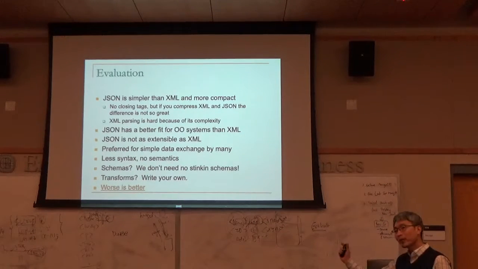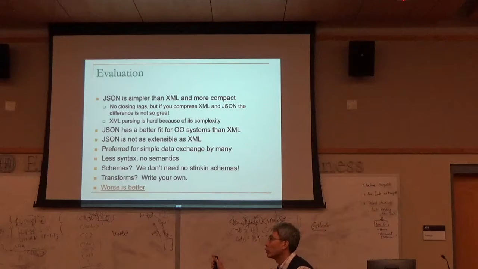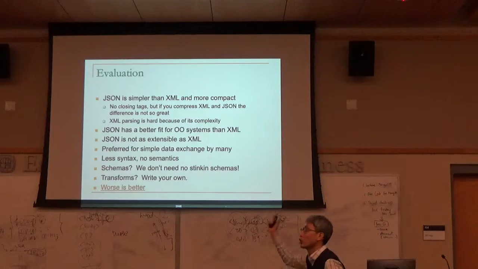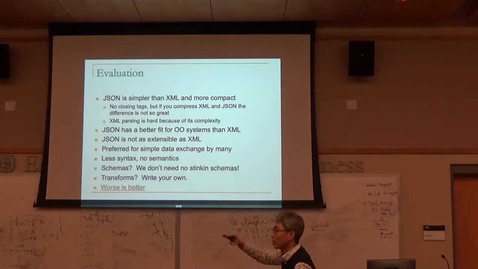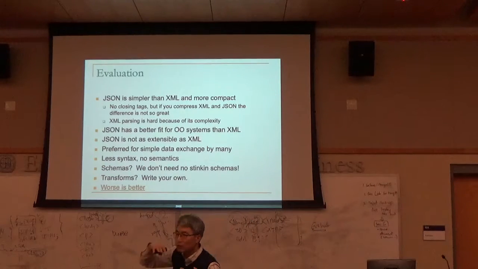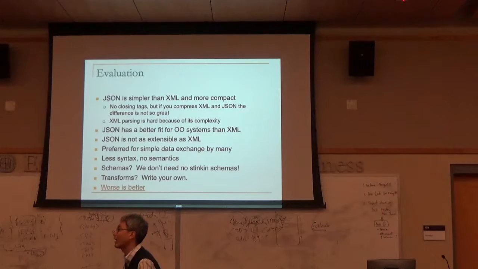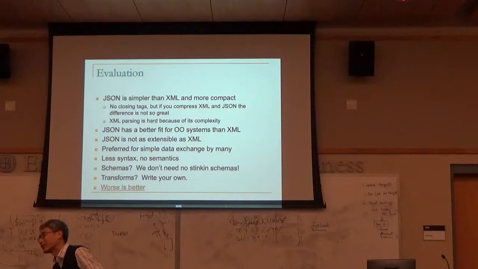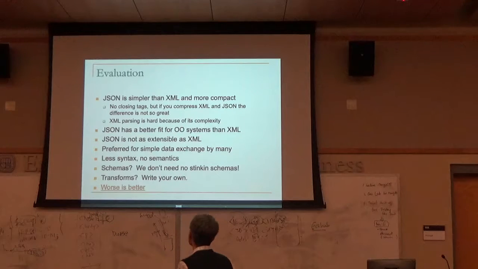MongoDB uses a binary format of JSON, which is called BSON. The difference is that when we store such a JSON file, not as a Unicode text file, it's converted to binary. Okay, so that is JSON.